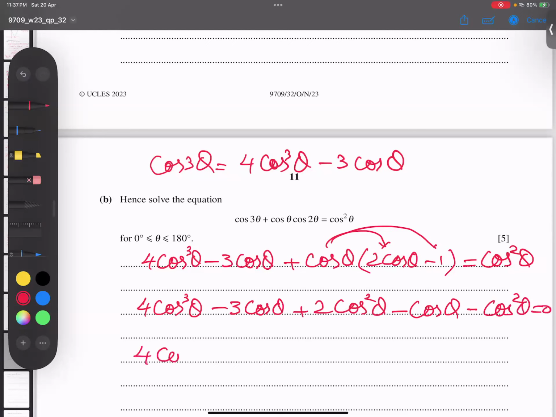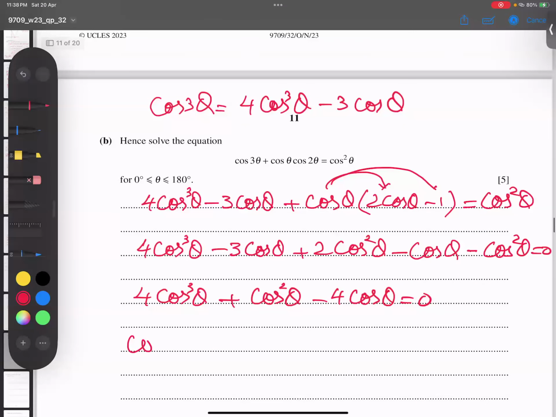So 4 cos cube theta, square and square will give us plus cos square. And this gives us minus 4 cos theta is equal to 0. Students, you know it very well. After this, you can see very clearly that we can take a common factor. What is common among all three? Cos theta is common. I'm going to take it common now.